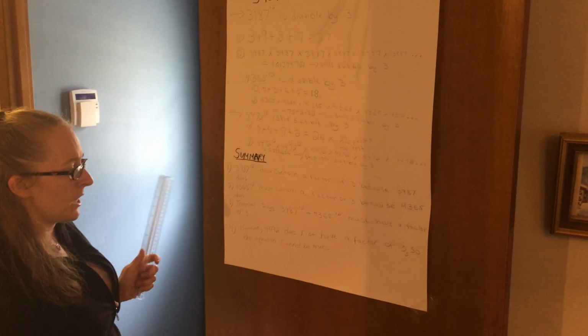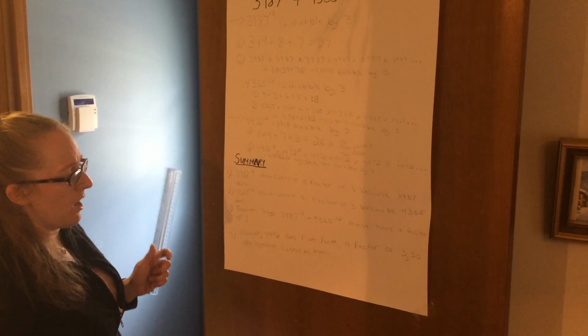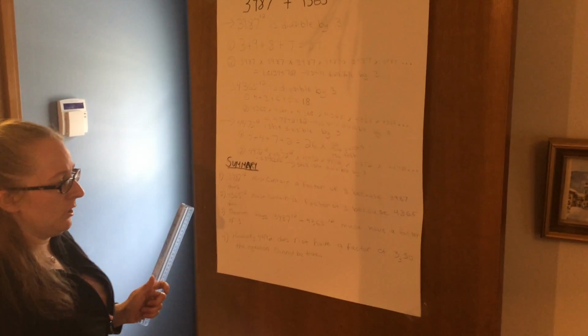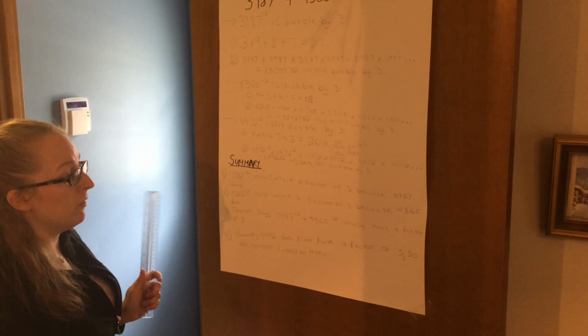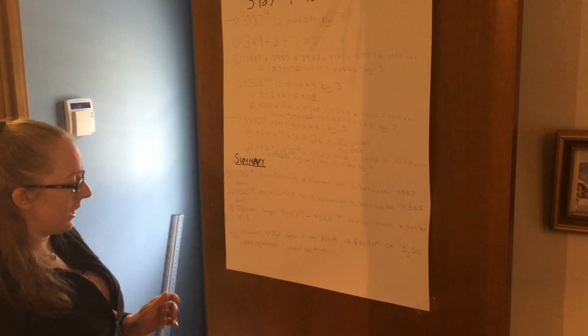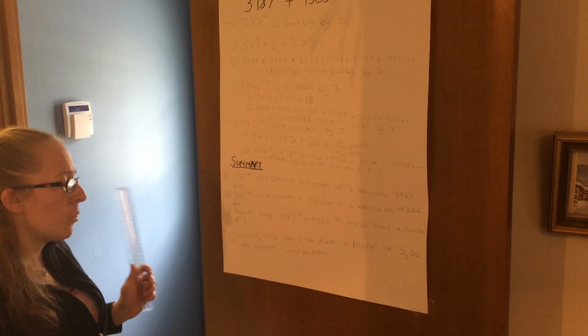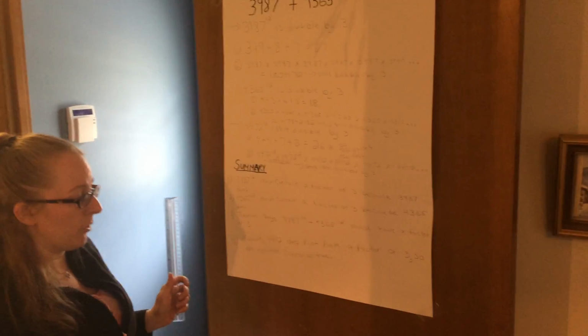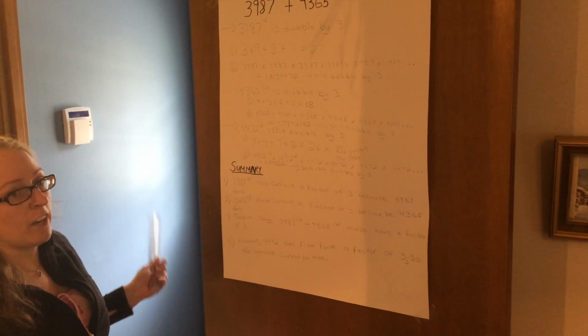Thirdly, the theorem says 3,987 to the power of 12 plus 4,365 to the power of 12 must have a factor of 3. Fourthly, however, 4,472 does not have a factor of 3, so the equation cannot be true.